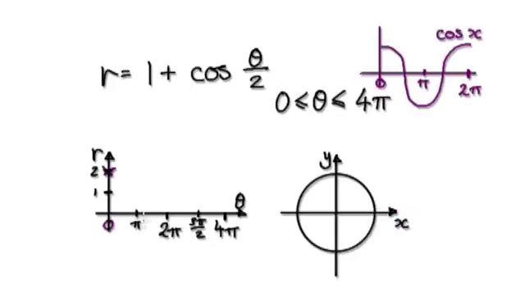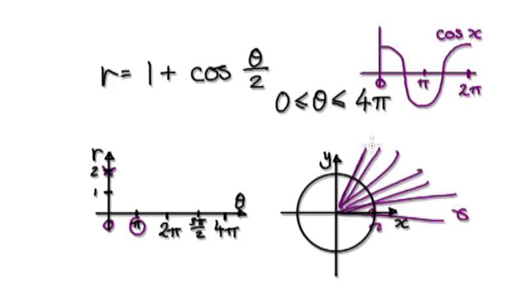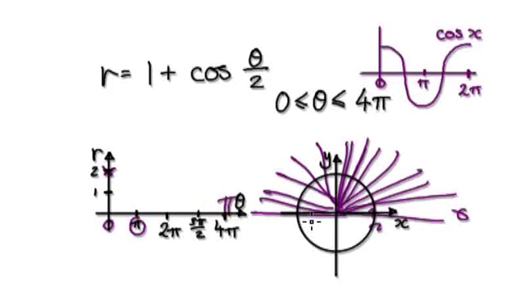Okay, so now let's see what happens when theta is at pi. We start here, the radius will be 2. By the time we get to pi, here, what will be the radius? It turns out the radius will be 1.